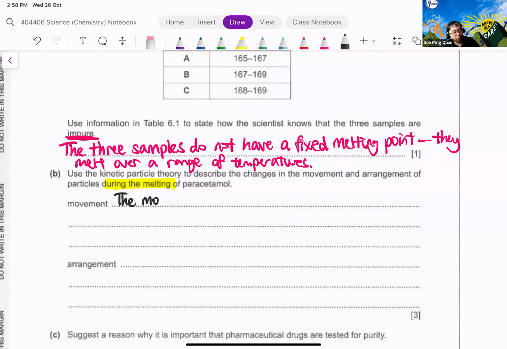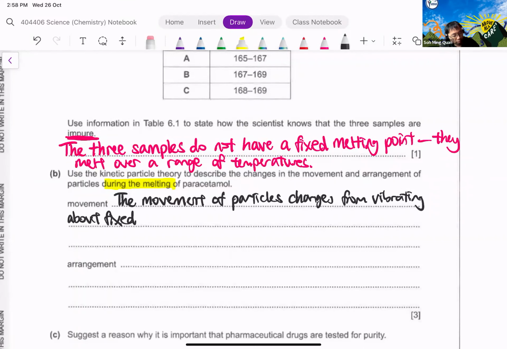So the movement of particles changes from vibrating about fixed positions. That's the solid state, right? It started as a solid. So at first, the particles were vibrating about fixed positions, to sliding past one another freely or easily.